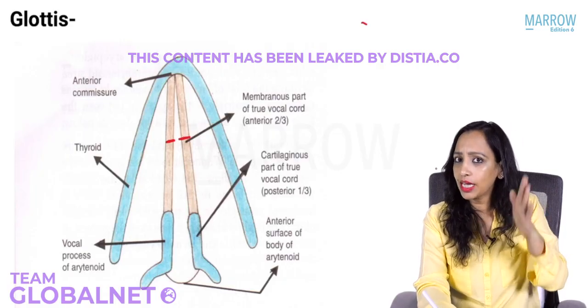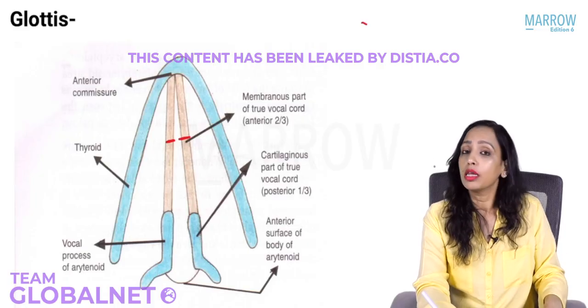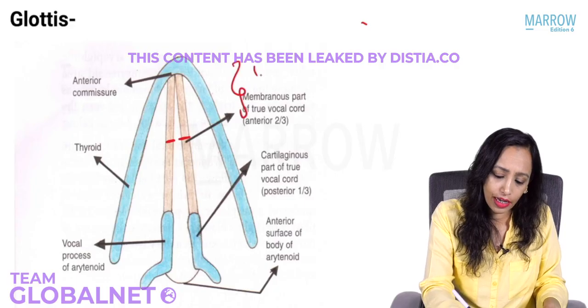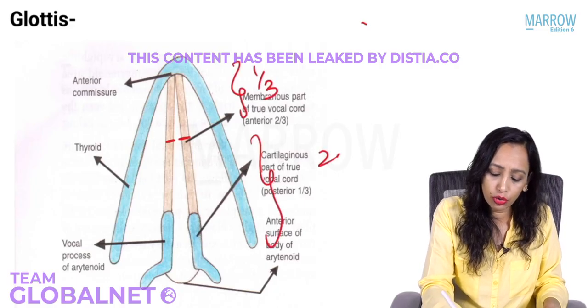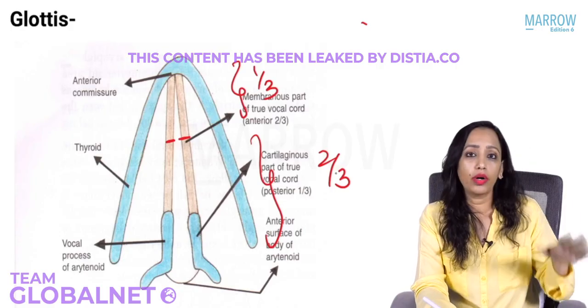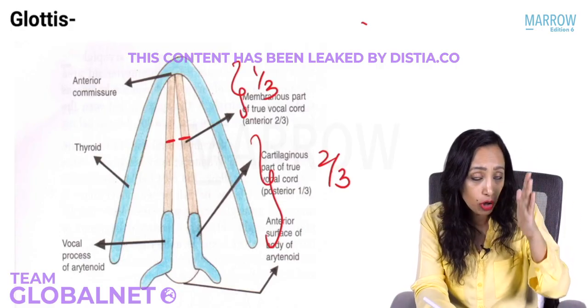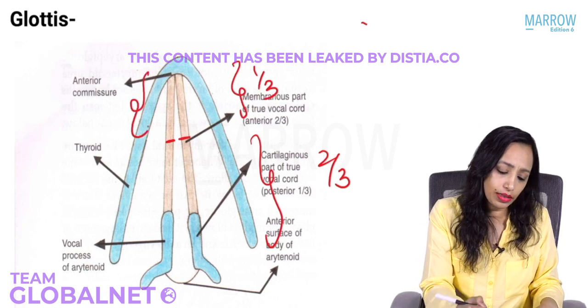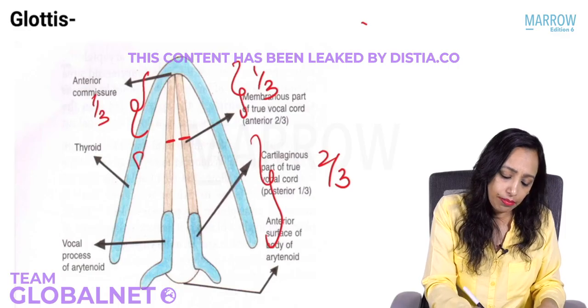Now let me say the same thing in a few other forms. The most common site of vocal nodular polyp formation is the junction of anterior 1/3 and posterior 2/3. Yes or no? Is that true? Yes. Okay, now the most common site of vocal nodular polyp is the junction of anterior 1/3 and middle 1/3.